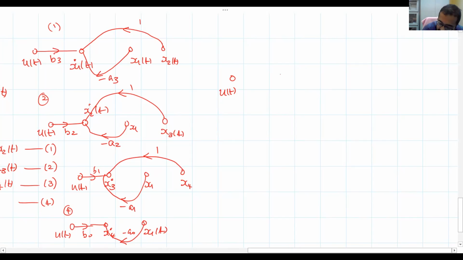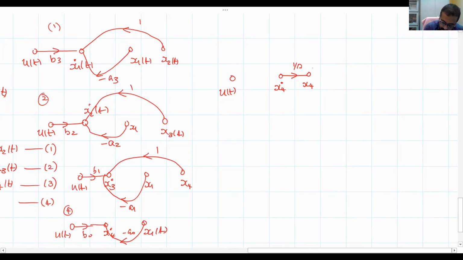Let me mark this as x4 dot. This x4 dot, I am integrating it once, 1 by s. So what will I get? I will get x4. Now let us try to satisfy the other equations.